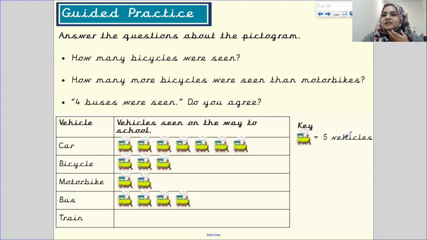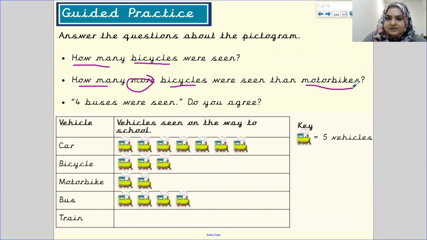Now, guided practice number 2. It says, answer the questions about the pictogram. How many bicycles were seen? How many more bicycles were seen than motorbikes? And 4 buses were seen. Do you agree?